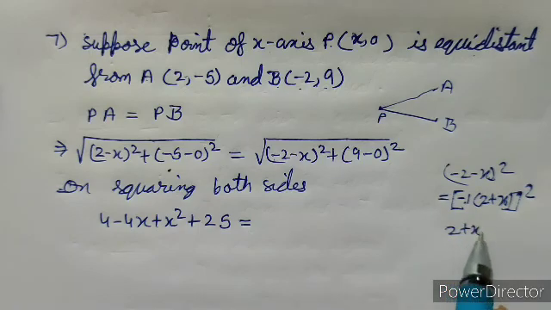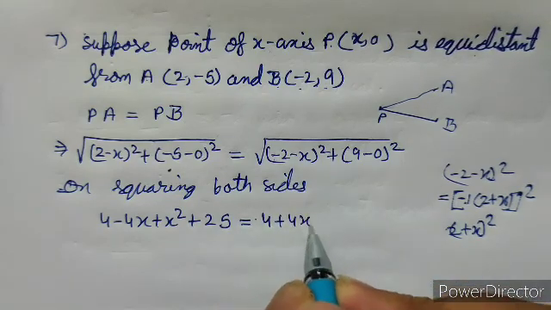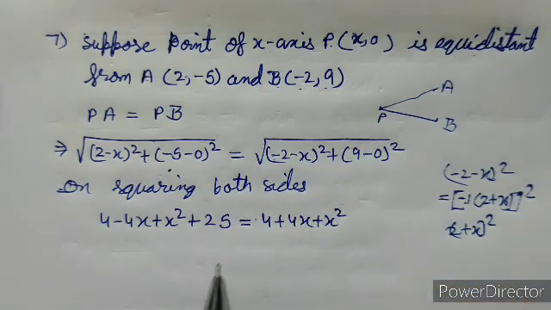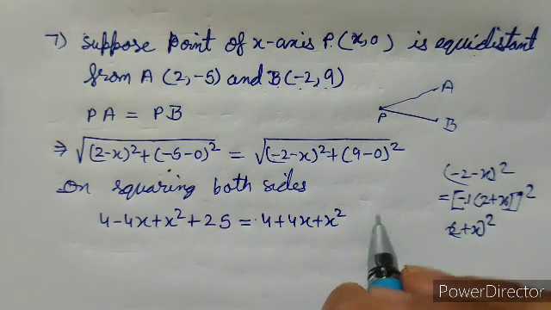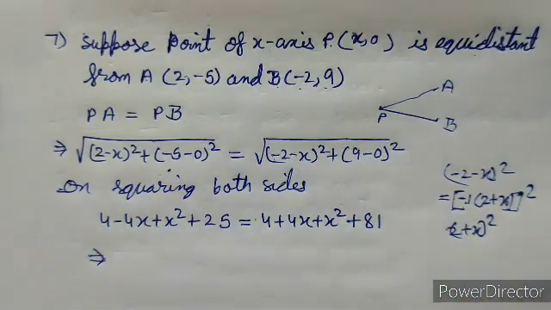That means this will be equal to (2 + x) whole square. So this will be 4 + 4x + x square, by the formula (a + b) whole square equals a square plus b square plus 2ab. Plus square of 9 will be 81.